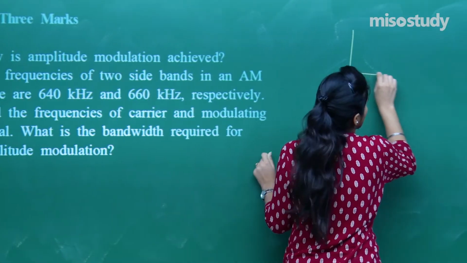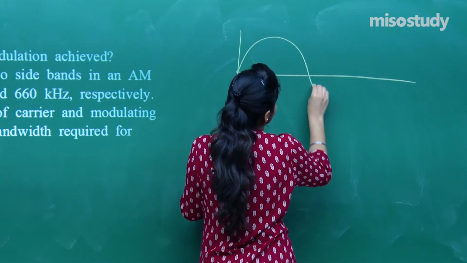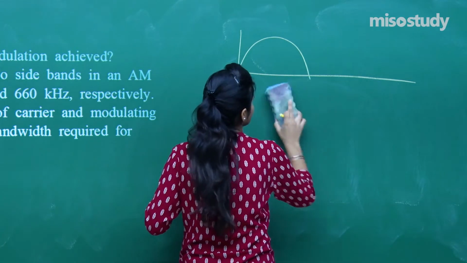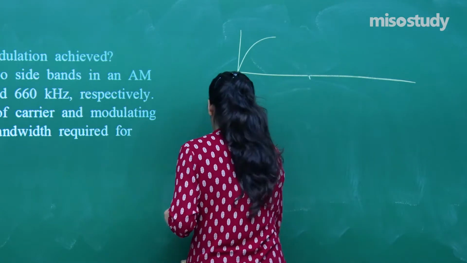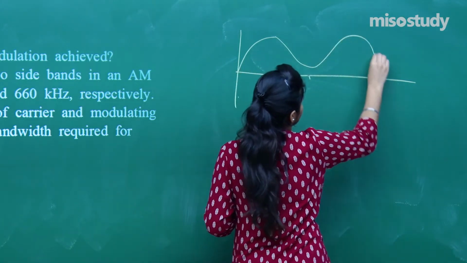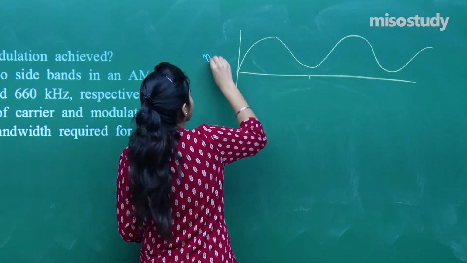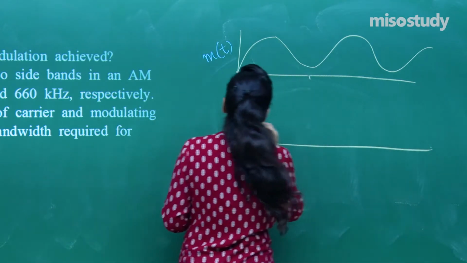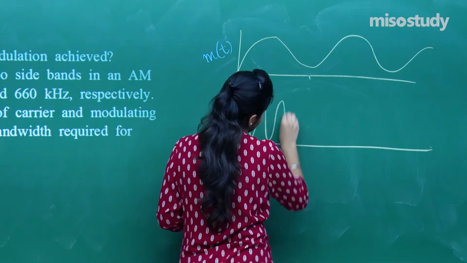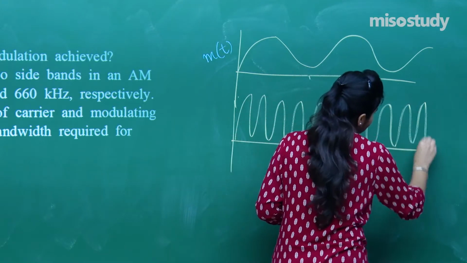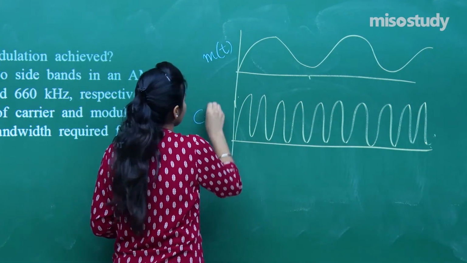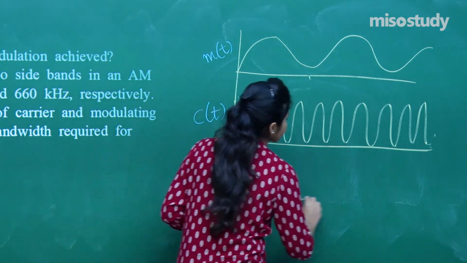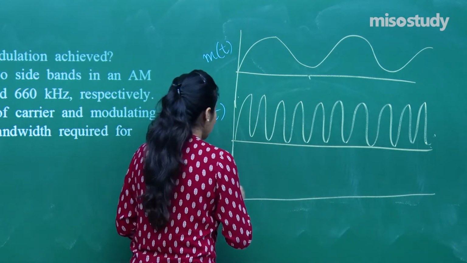So see, or you can say directly draw this. This is your modulating signal. This is your higher frequency wave, that is the carrier wave. When the modulating signal is superimposed, the wave will be like this.